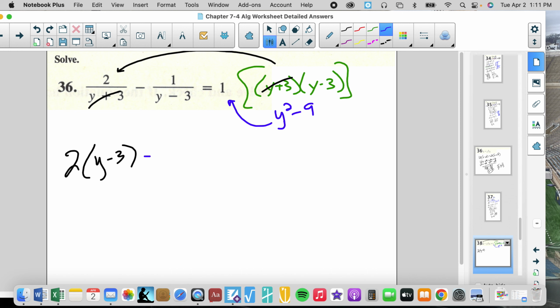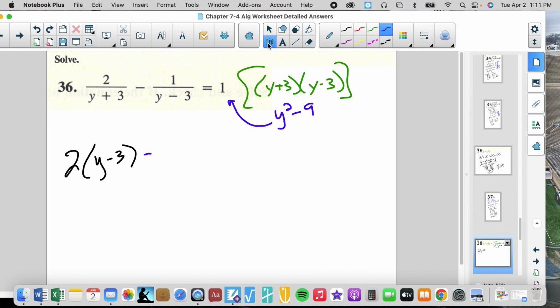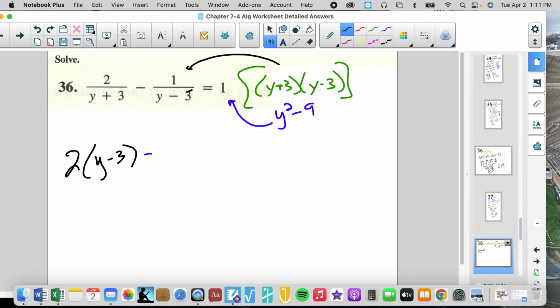And then we have negative, well, let's do this, negative 1. The y minus 3 cancels. Let's take that away. So when I multiply this times this, the y minus 3 cancels, and you're left with negative 1, this negative 1 right here times this leftover y plus 3.